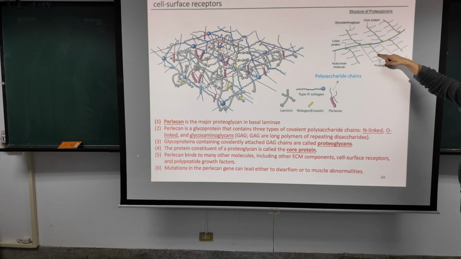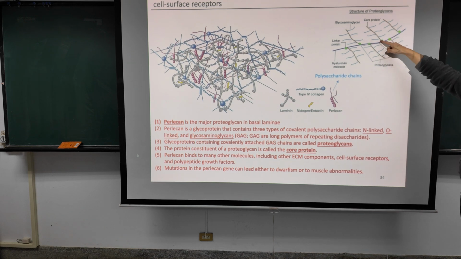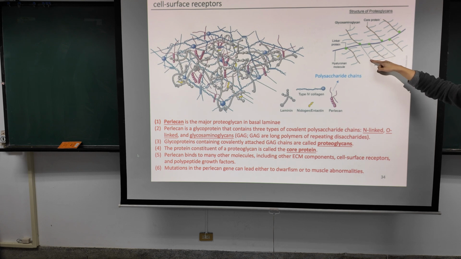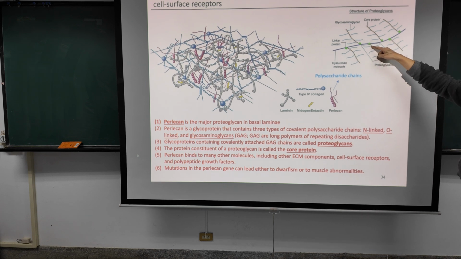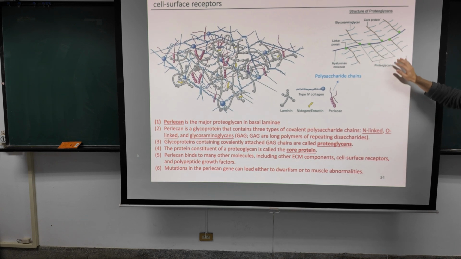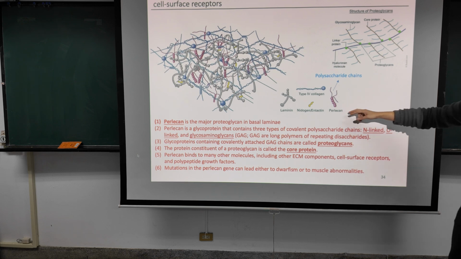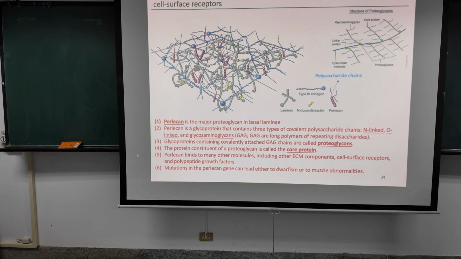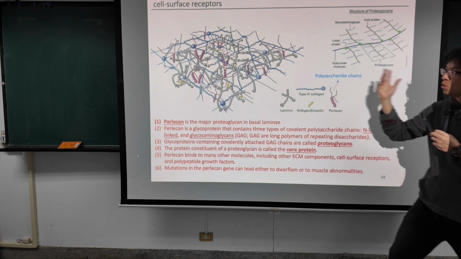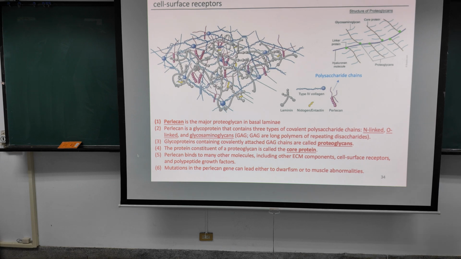Here the amino acid chain we call the core protein, and those repeating sugars, GAG, conjugate with certain amino acids. The whole thing we call the proteoglycan. Perlecan is one kind of proteoglycan, and it also has a lot of binding sites. They can bind by themselves, and they can interact with others. Finally they also form such a vessel.